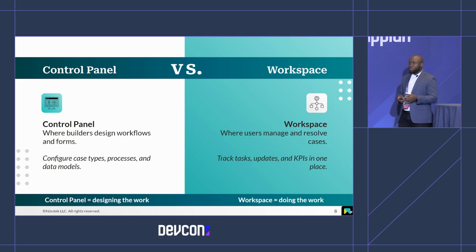Workspace is where case workers go, and they use all these processes that were configured by the case manager to actually take action on the cases. And then, like always, developers like us work in Designer to further modify or extend the objects that were generated by the case manager and the control panel. So to just make this concept clearer, we will go through a brief recording of the control panel.